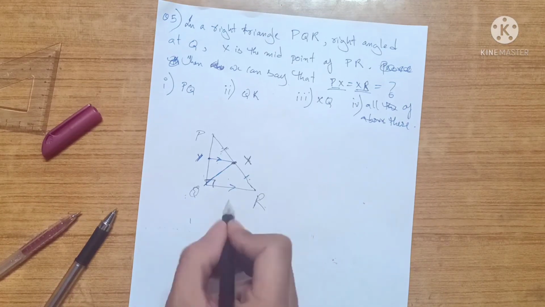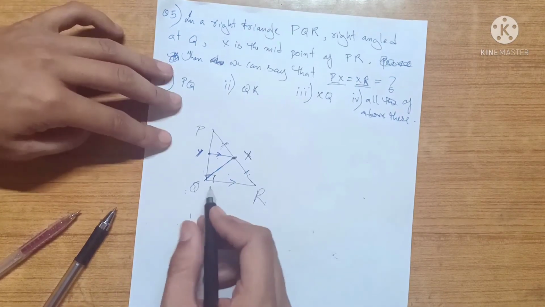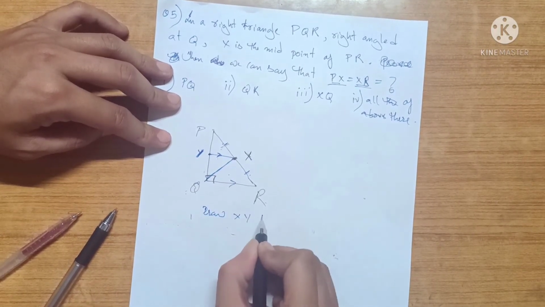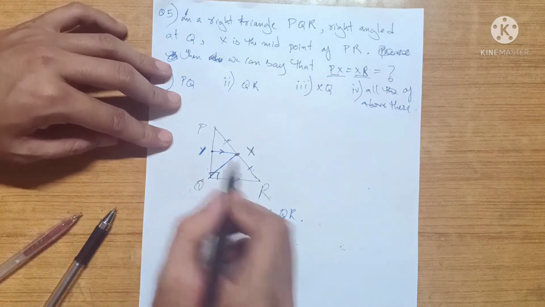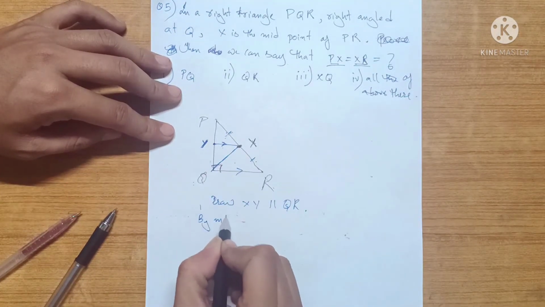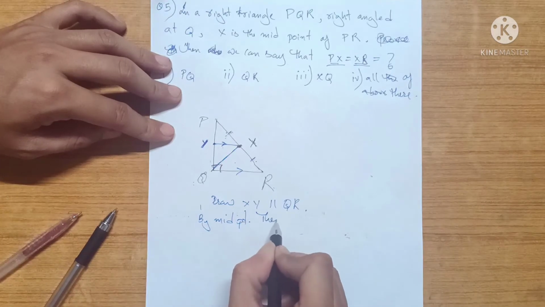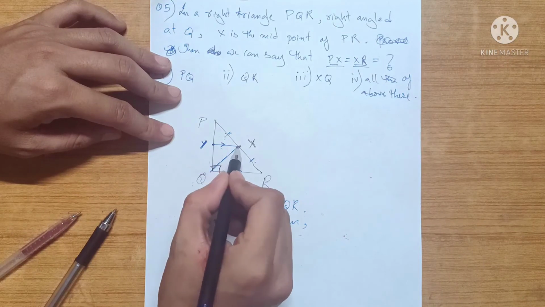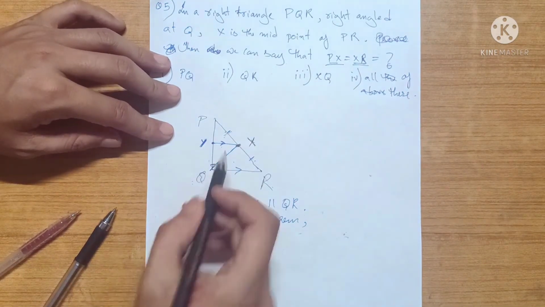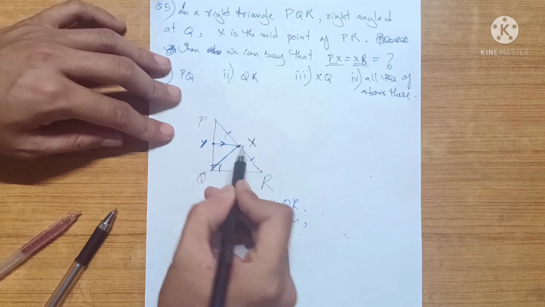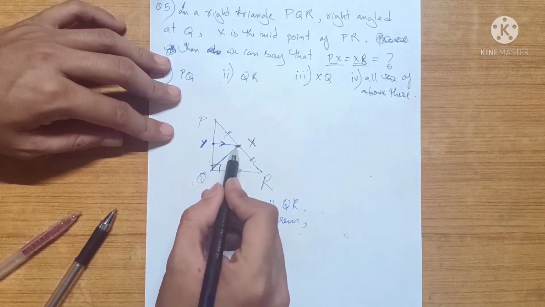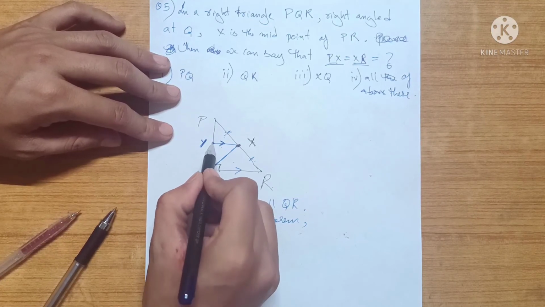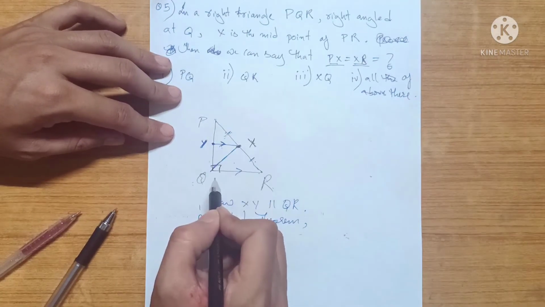So XY, draw XY parallel to QR. Okay, so by the midpoint theorem, which says that if from a midpoint you draw a line parallel to the third side, then wherever the line touches the other side, it will also be a midpoint of that side.